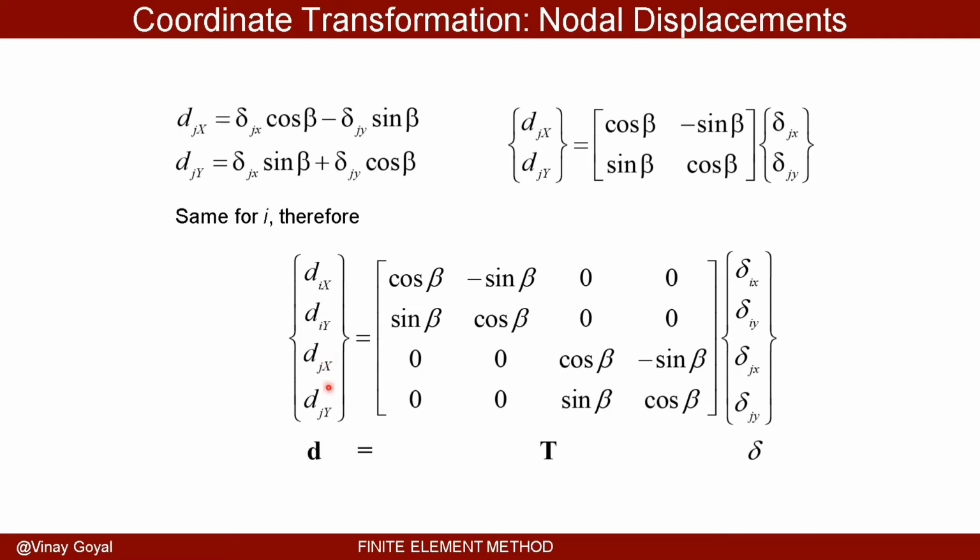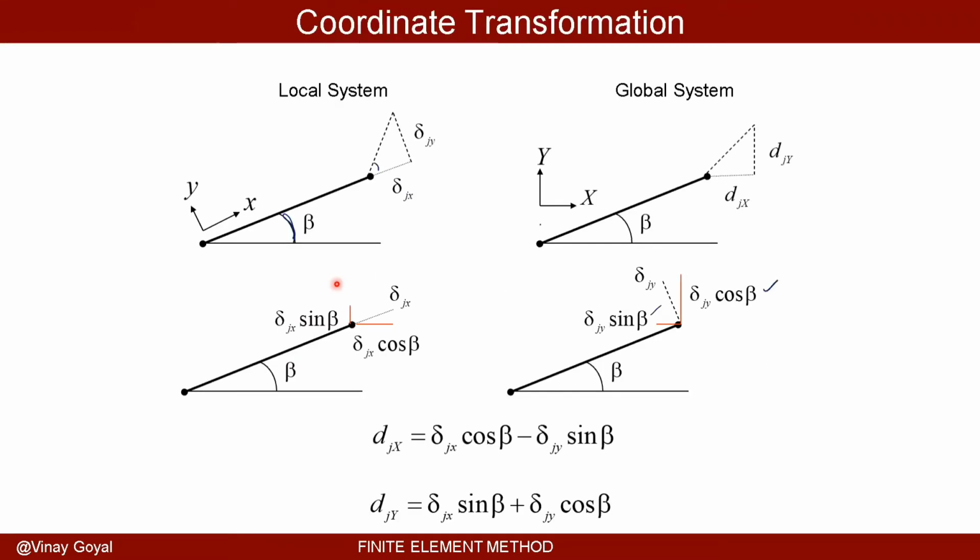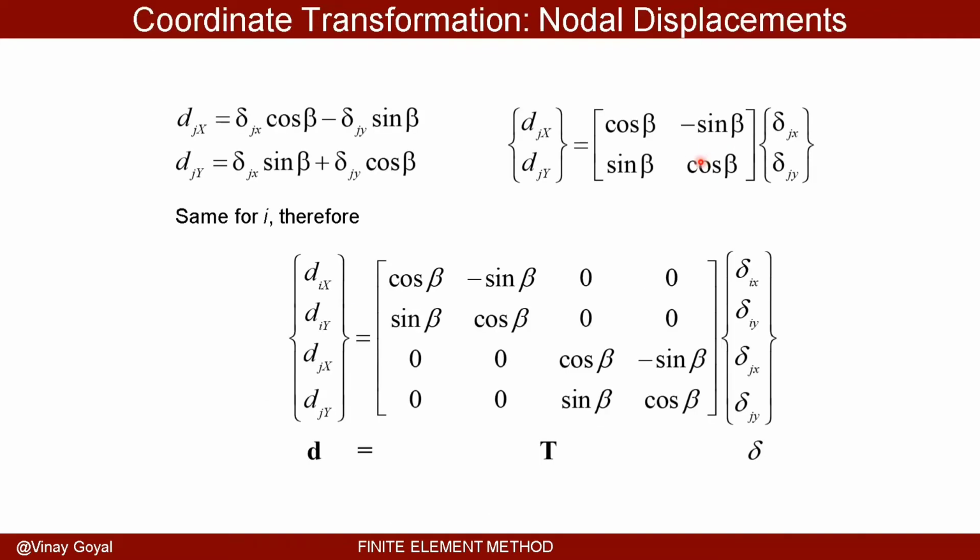And for node J, I have 2 degrees of freedom, that's d_jx and d_jy. So I have a total of 4. That makes sense. When I go back here, I can see that. I have 2 degrees of freedom at this node, right and up, and at node I have right and up. So I have 4 degrees of freedom. That makes total sense to me.